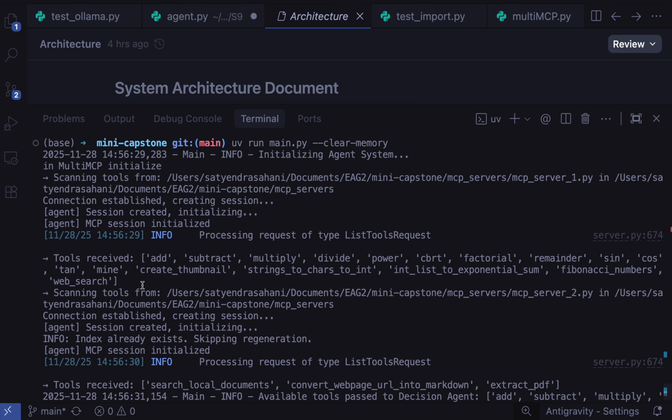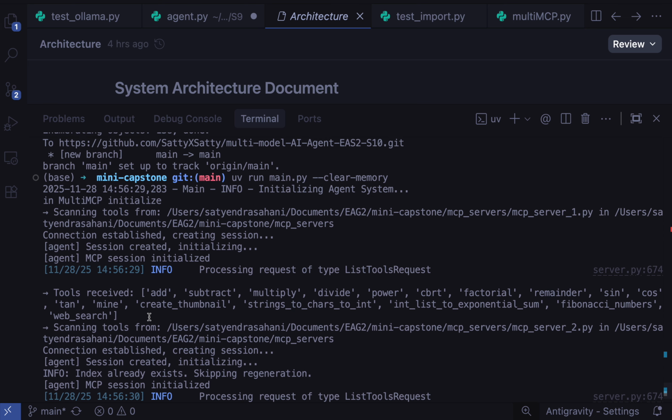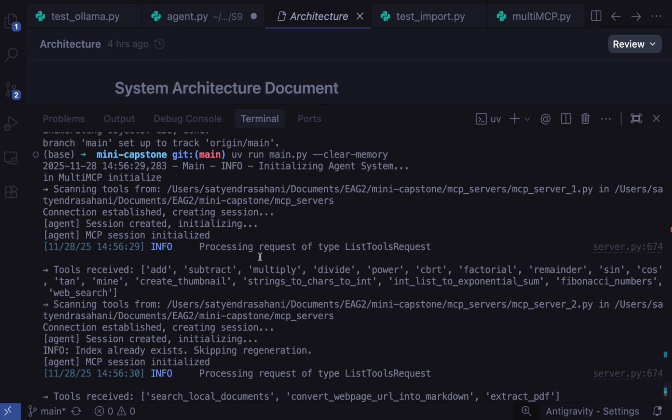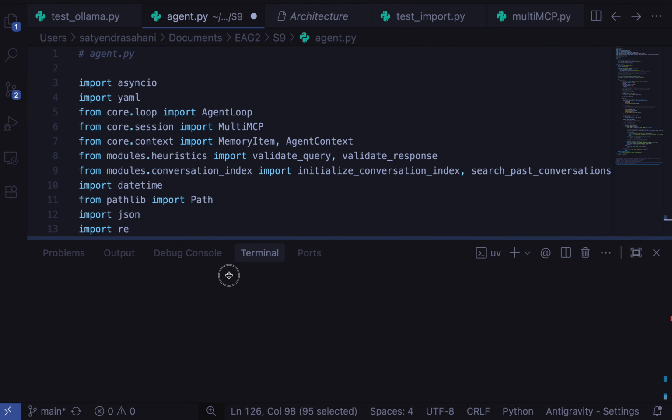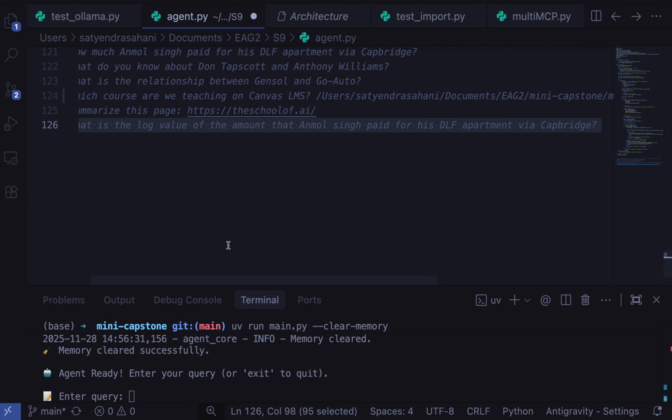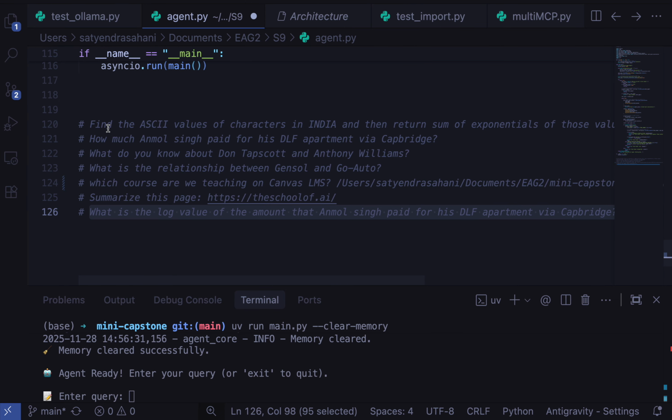If you see here, it listed the servers, the MCP servers. It listed the tools it has, and it finally asks what's your query. So let's take one of the queries from here, and let's take the very first one.